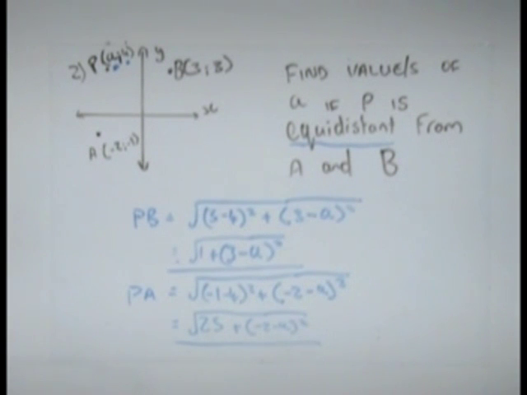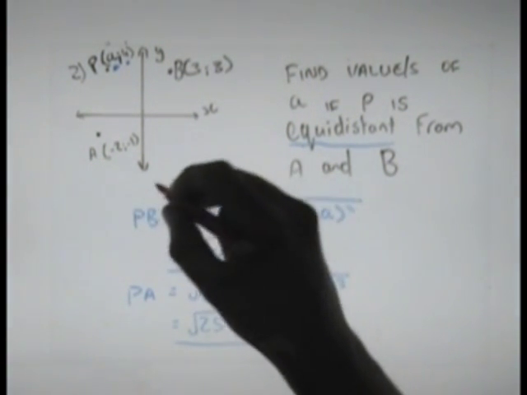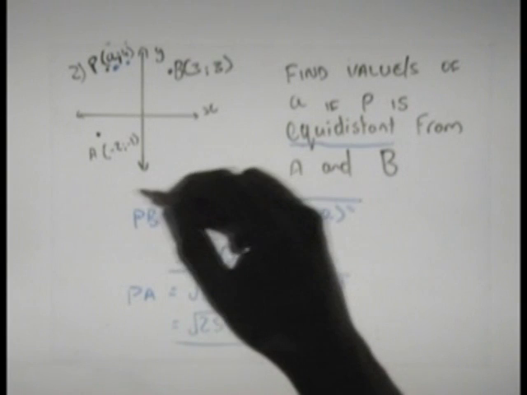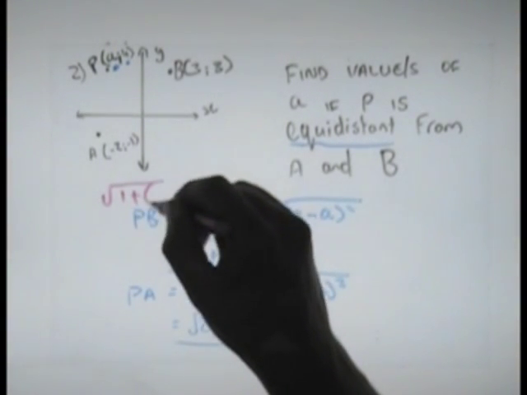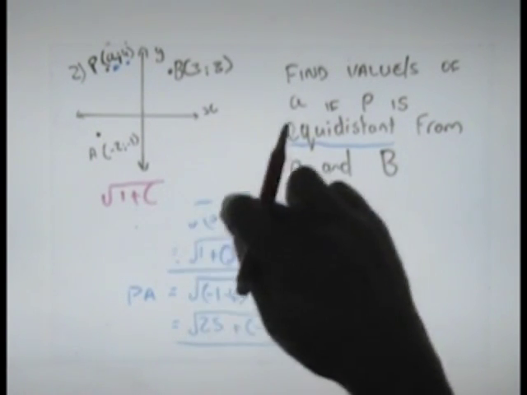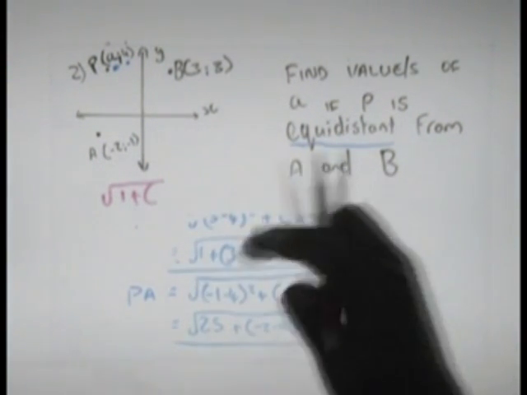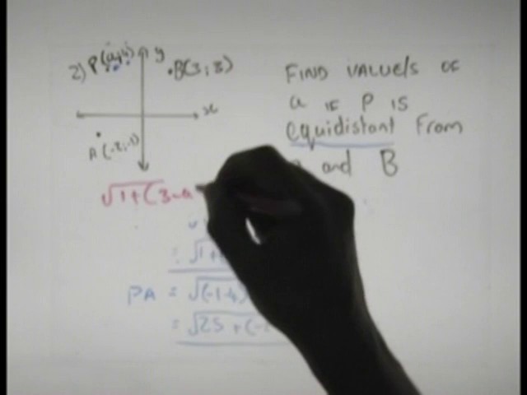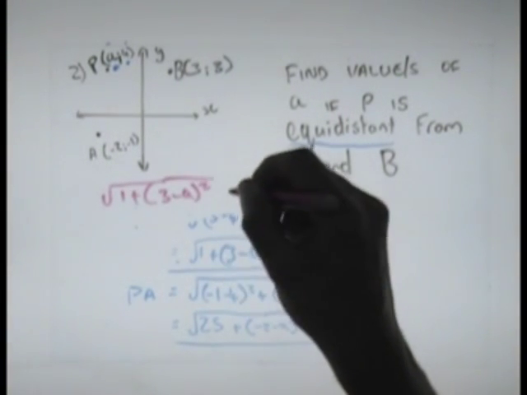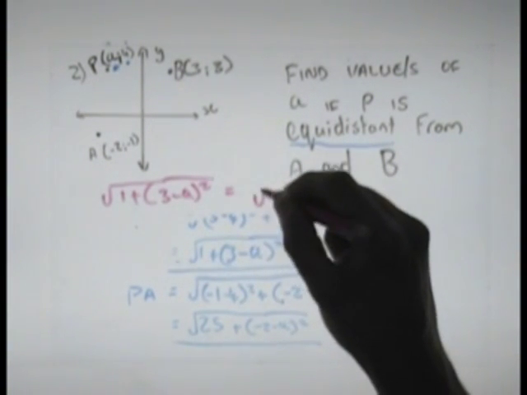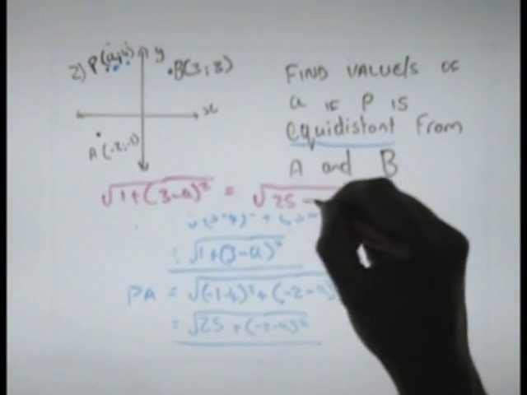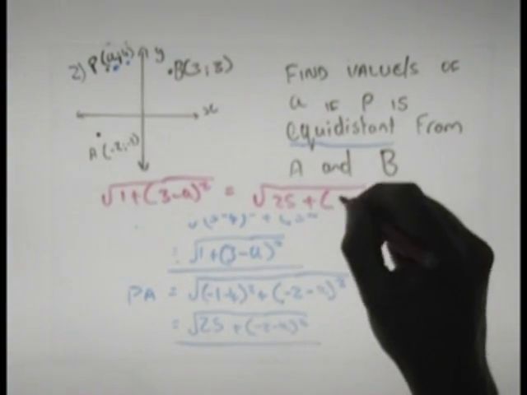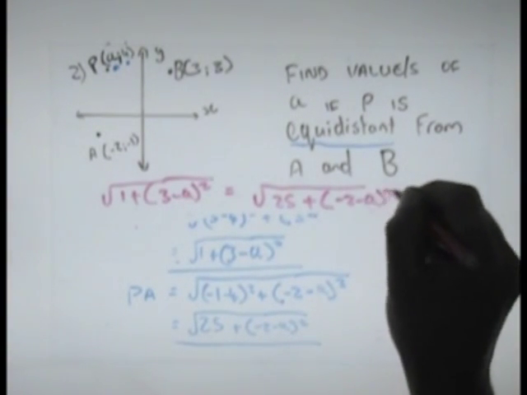That means that PB, which is the square root of 1 plus open bracket 3 minus a squared, is equal to the square root of 25 plus minus 2 minus a squared.